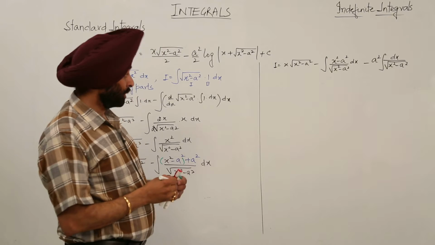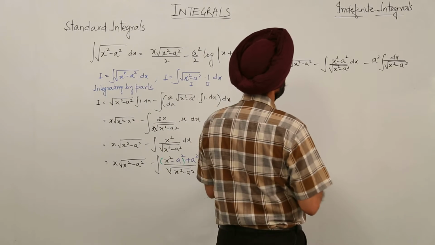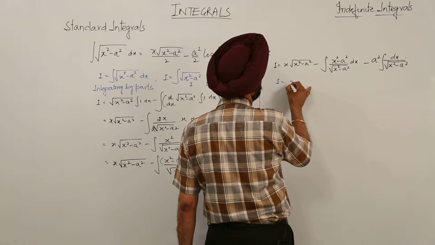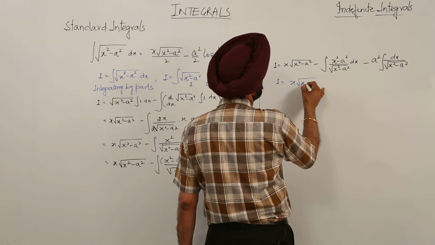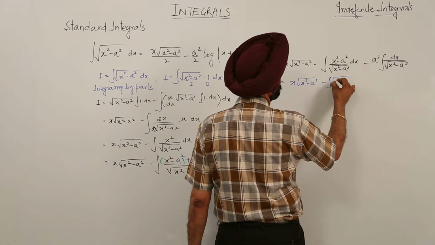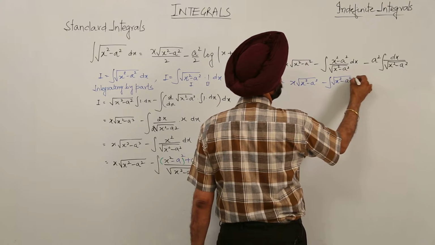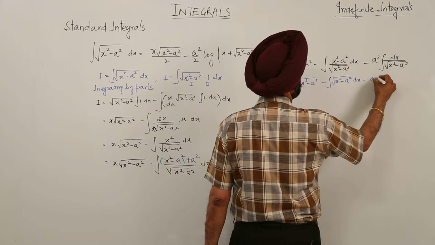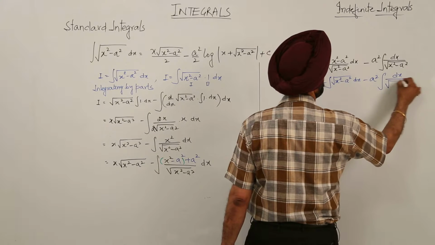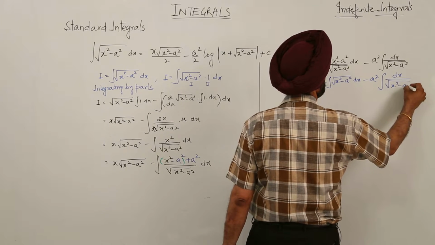Is it clear? Now what we get is x square root of x square minus a square minus integration of square root of x square minus a square dx minus a square integration of dx upon square root of x square minus a square.